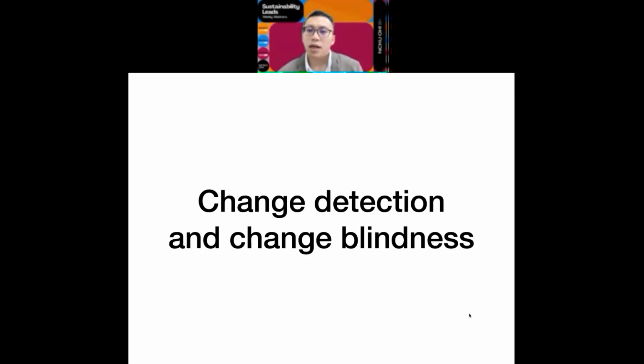Or in daily life, you may need to detect the change of your girlfriend's hairstyle. If you don't notice it, then maybe you will break up. So change detection ability is very important and crucial for our daily life.